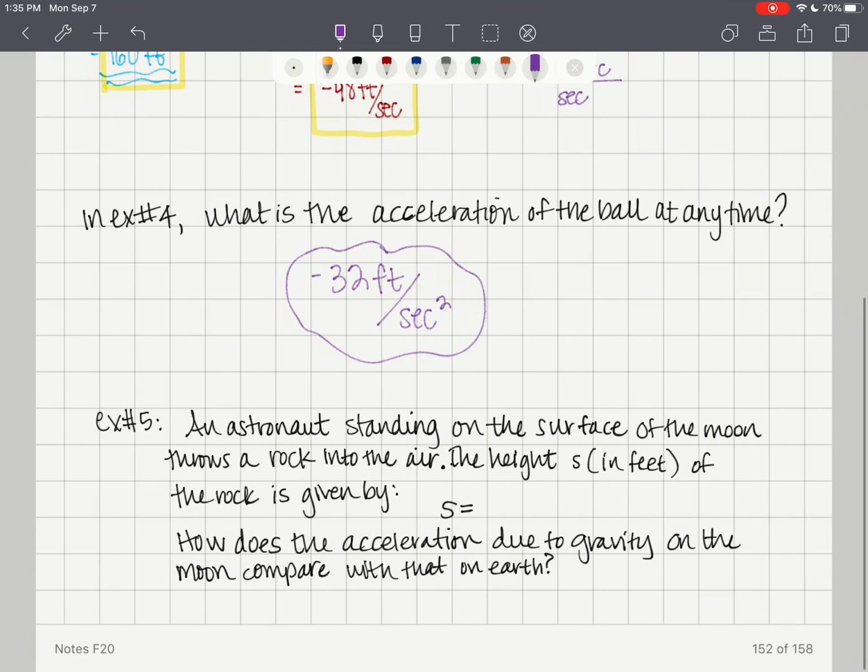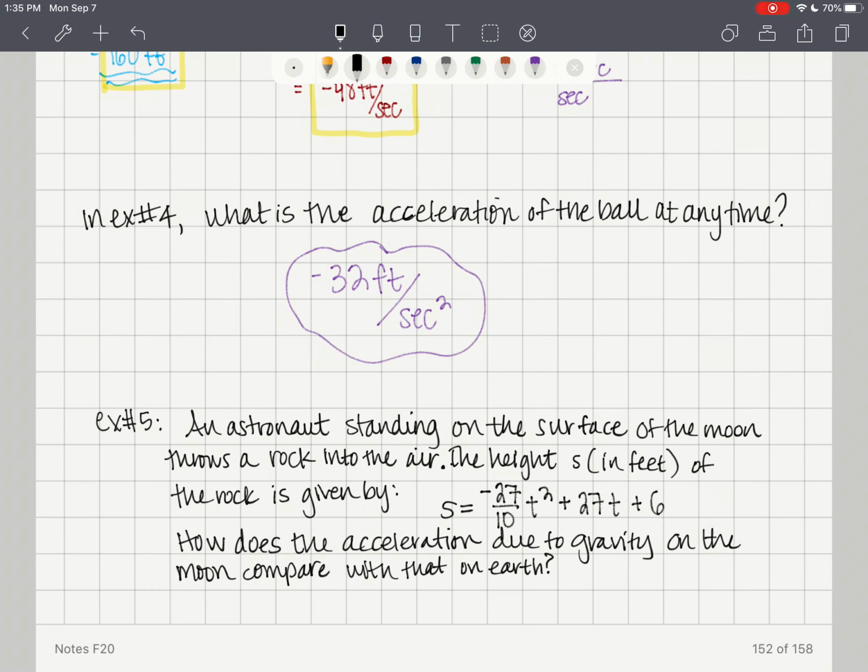So here's one for you that you may be able to try. An astronaut standing on the surface of the moon throws a rock into the air. The height in feet of the rock is given by S equals negative 27 over 10 t squared plus 27t plus 6.